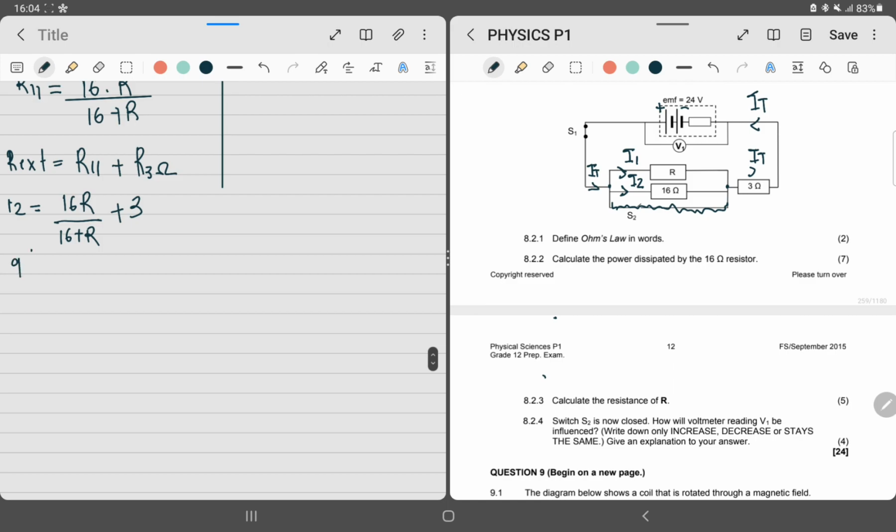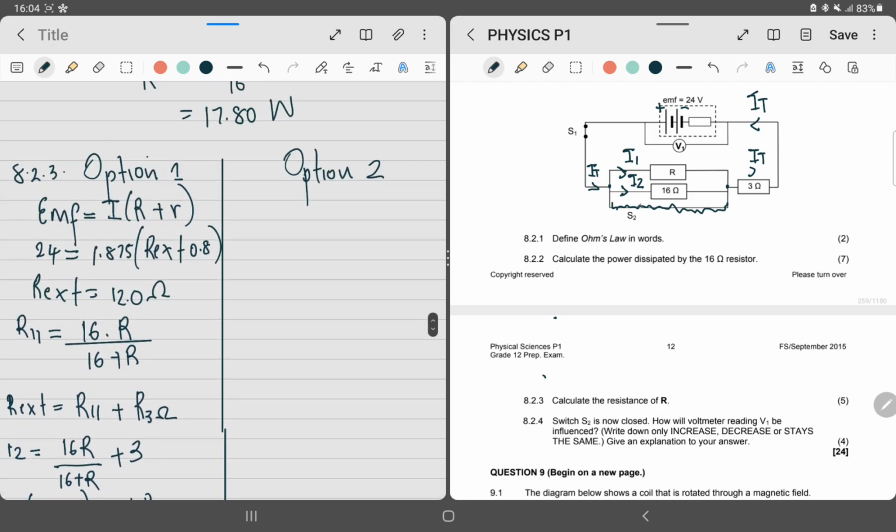This becomes 9 multiplied by 16 plus R, getting 144. I'm getting 20.57 ohms. This is the first option.